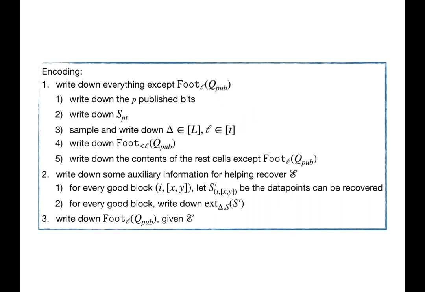Then, write down the cells probed in the first L-1 rounds by QPUB, followed by the contents of the rest of the cells, except the cells we want to compress. In the second step, we write down auxiliary bits to recover E. Finally, we compress the cells probed by QPUB in the L-th round, given E.